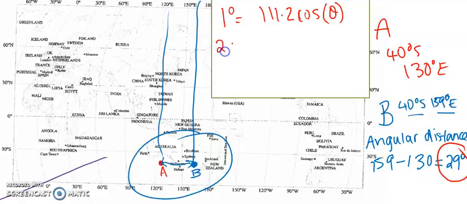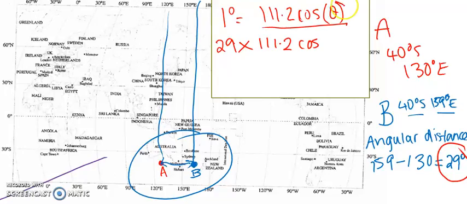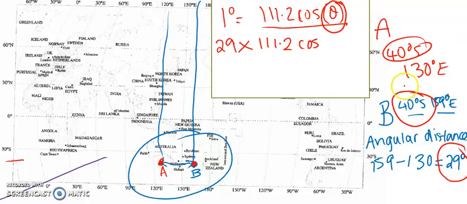So we've got 29 lots of this distance here. 29 times 111.2 cosine, and the degree of which both locations lie on is, a reminder, 40 degrees. They both lie on 40 degrees, therefore put 40 in the brackets there.